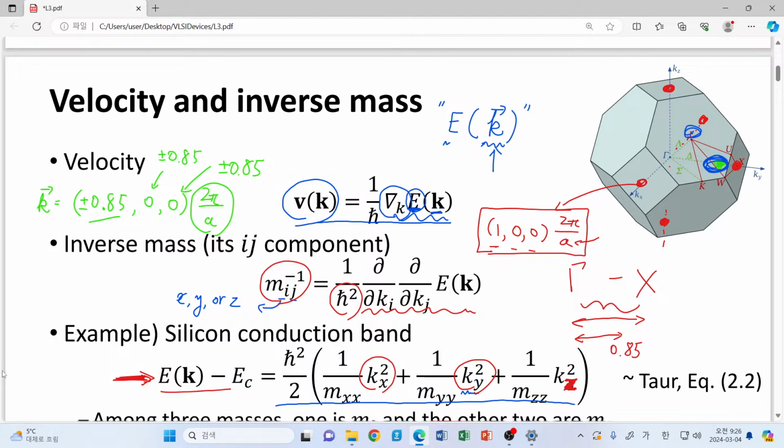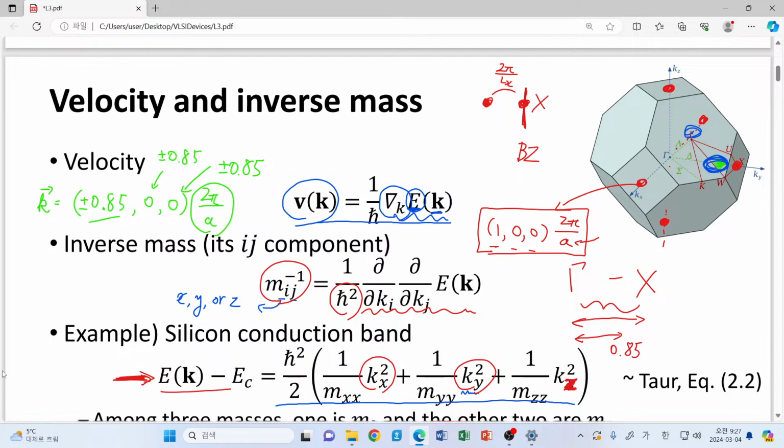Then what happens if we have a twice larger system? In the case of the previous Lx, let's say this is your Brillouin zone boundary, and here you have the X point. Previously, your second-last point just nearby the boundary was at a distance of 2 pi over Lx.